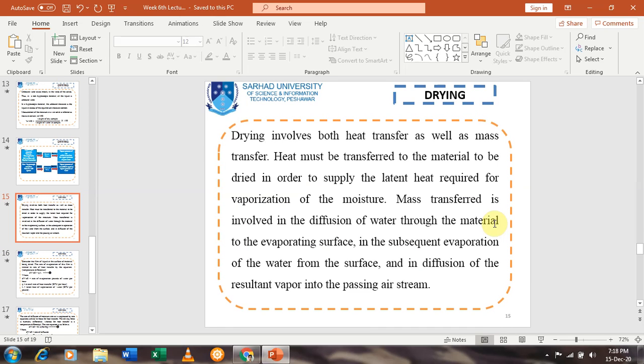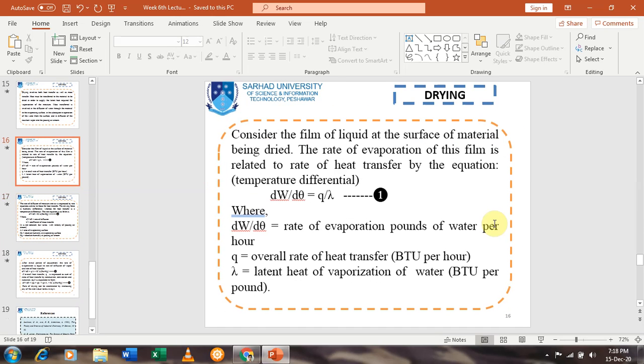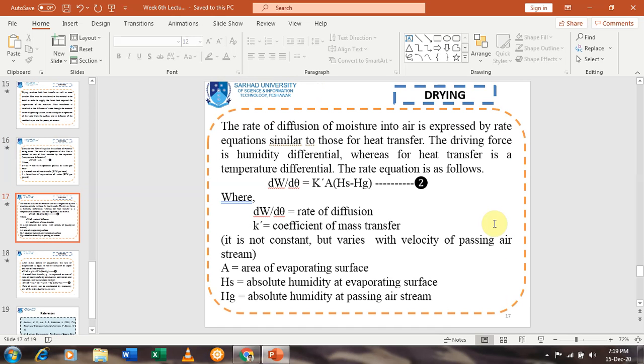We also explained that the drying process involves not only heat transfer but also mass transfer, and we derived equation number 1 for the rate of heat transfer and equation number 2 for the rate of mass transfer.